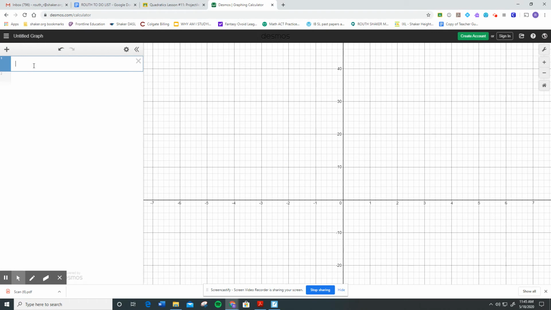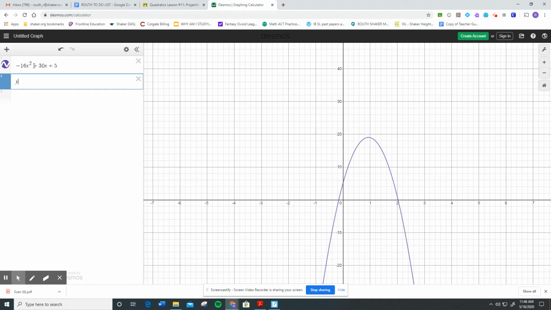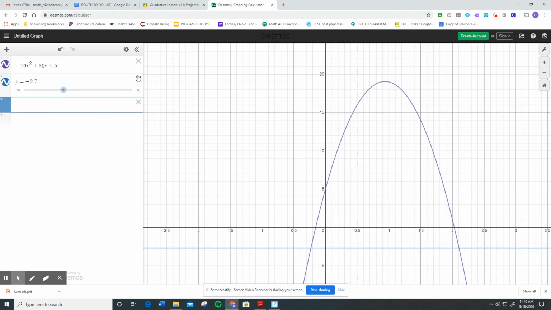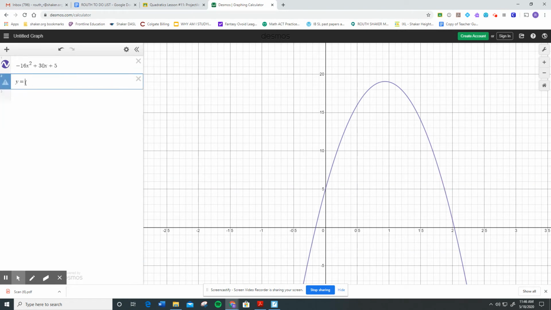I can just type in negative 60 and I have to use x because Desmos can't handle other variables, but I can just type this in, and then I can do y equals 6, and then these two intersection points are when it's at 6 feet. I can also do y equals 10 to see when it's at 10 feet in the air. So Desmos gives us some very easy ways to find this using the graph.